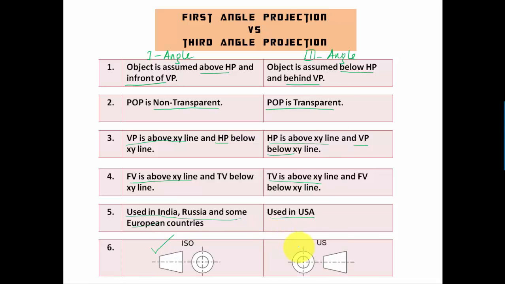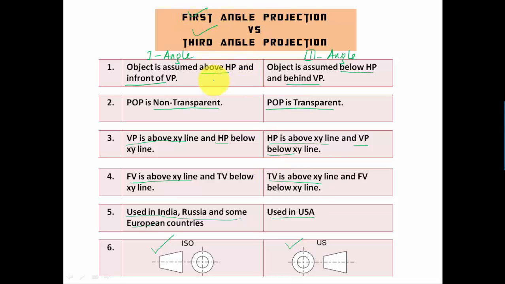And if you see the other symbol in the bottom right portion of any drawing, you will assume that the projection of the object was made assuming it was below the HP and behind the VP. So that was all about the differences between first and third angle projection systems.